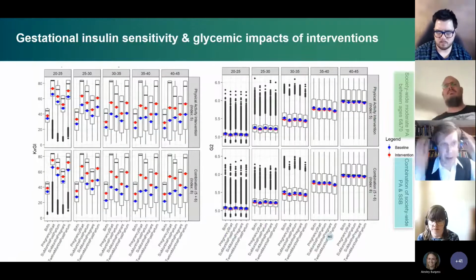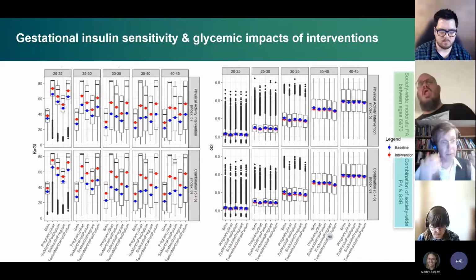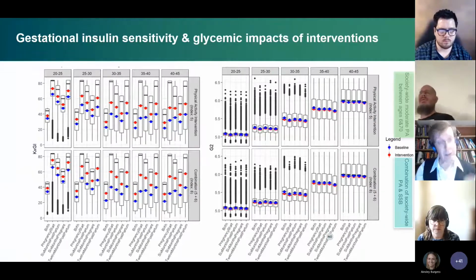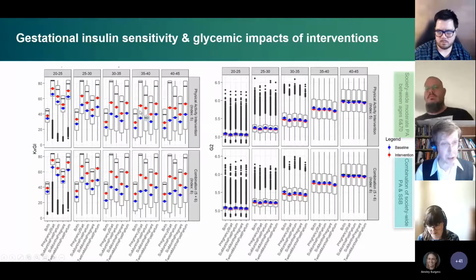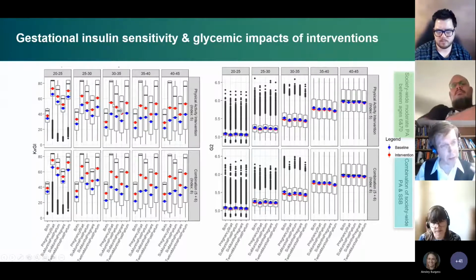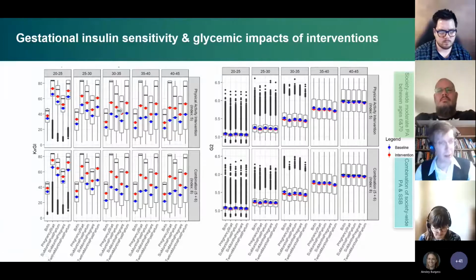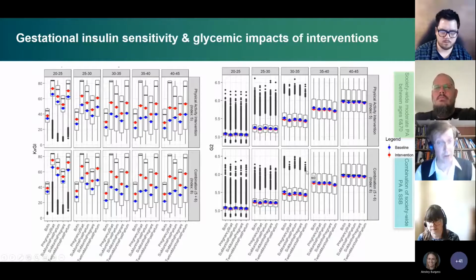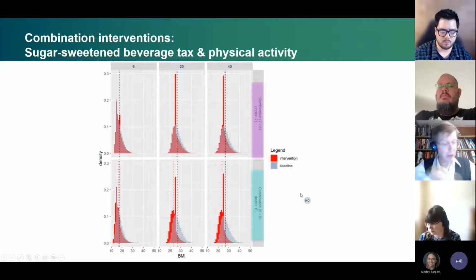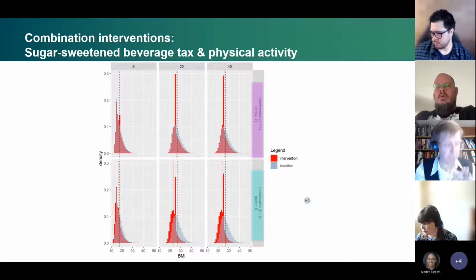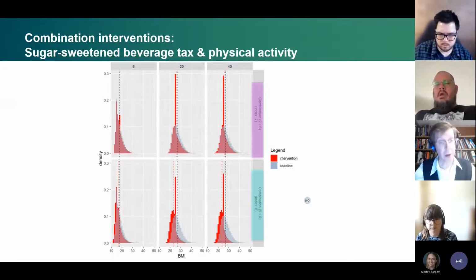Now, it's important to recognize that some of these impacts are mediated by insulin sensitivity during pregnancy and during the postpartum period. It turns out these interventions, for example, the physical activity intervention on a population-wide basis, can raise the level of insulin sensitivity and thereby lower glucose levels during pregnancy, which lowers the risk of damage to beta cell mass and function, for example.